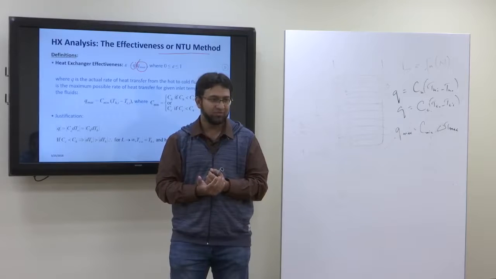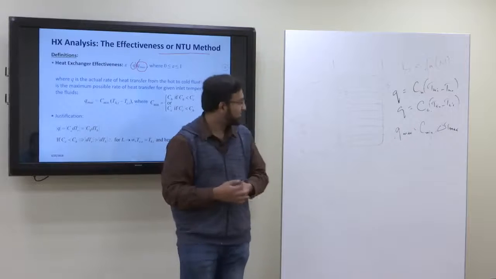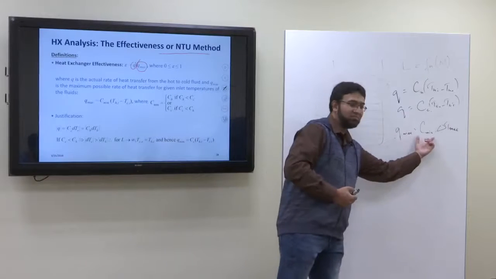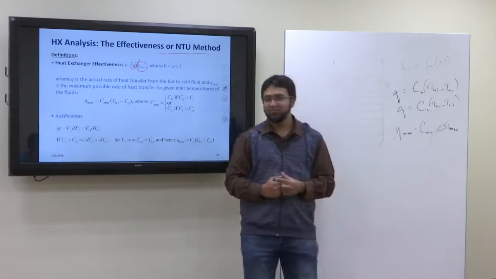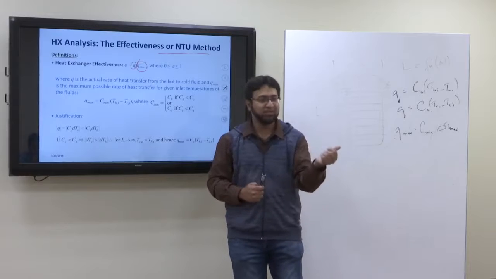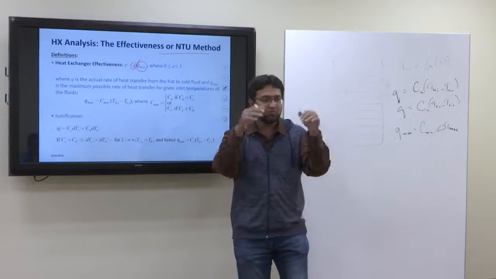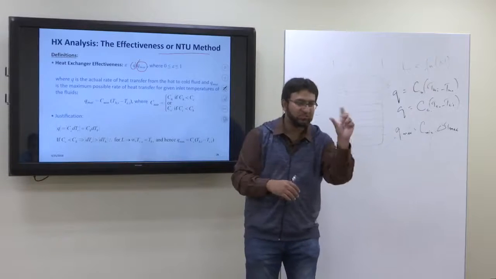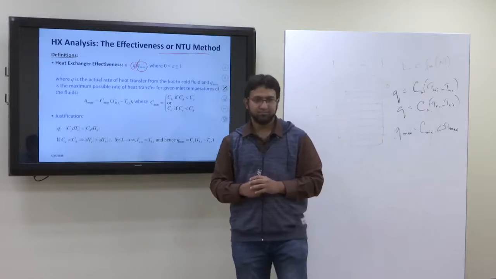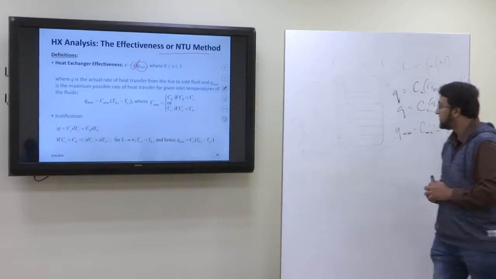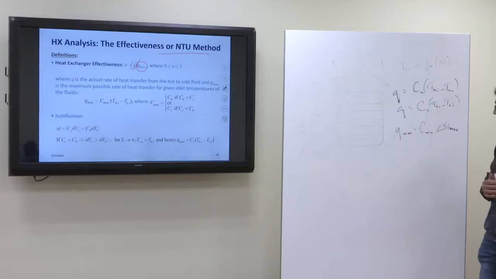Get the idea? Yes. So that's the reason C minimum is here: capacity of accepting heat, capacity of providing heat. The actual amount of heat transfer will be limited by the minimum capacity. So you understand this concept?